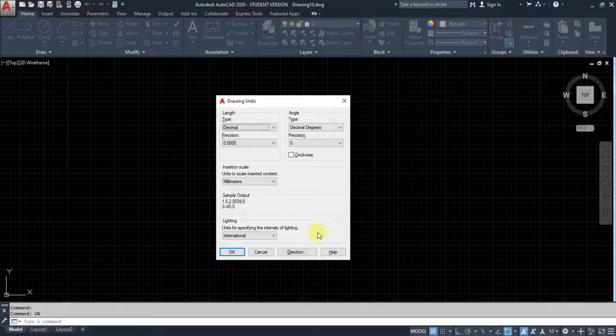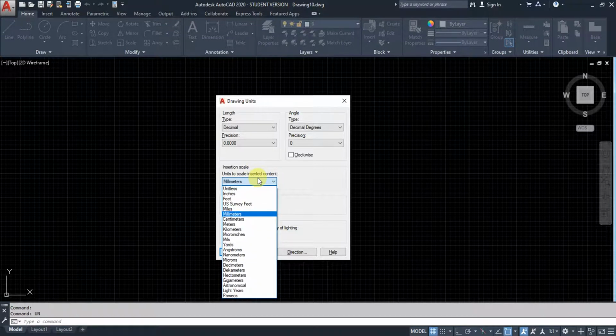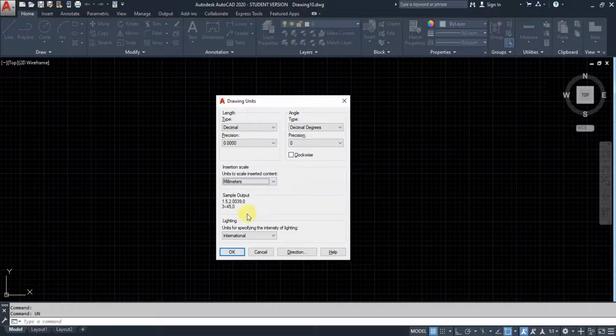So this is the Drawing Units window. Here we have length type and precision, and angle type and its precision. Then it has insertion scale. It means the objects or blocks you insert into this AutoCAD file will be inserted in the unit we choose here.